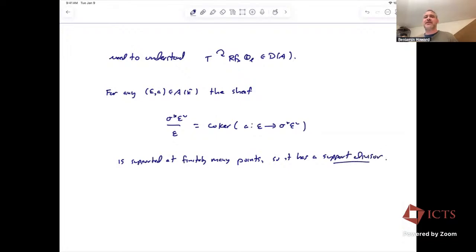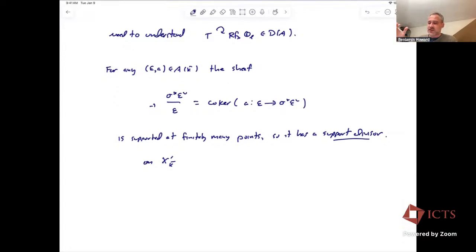Which means the obvious thing. It's a divisor on X prime; the support divisor is you just take the points in the support of this co-kernel, but you give them some multiplicities depending on the length of the stalk of this co-kernel at that point.